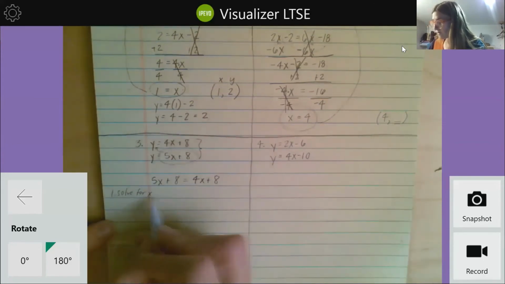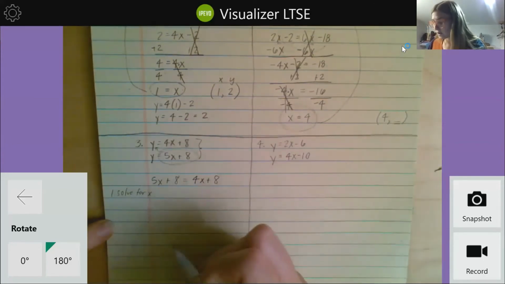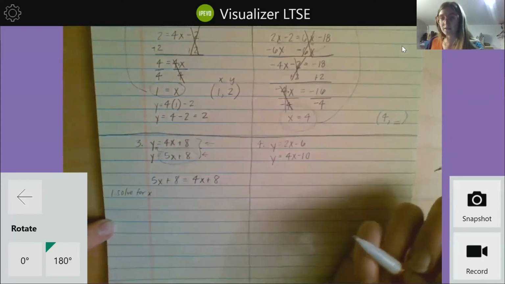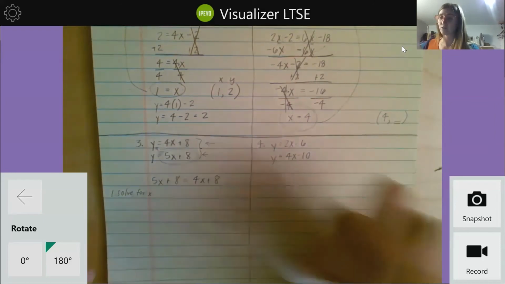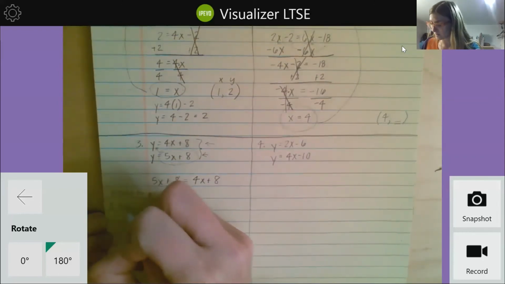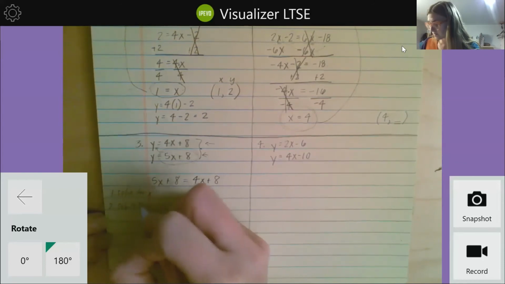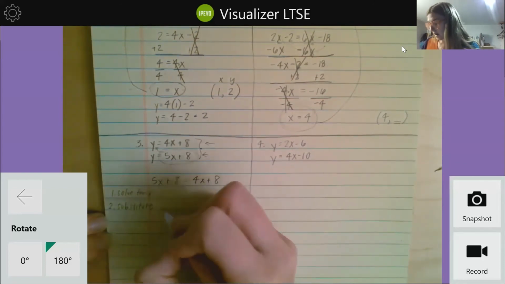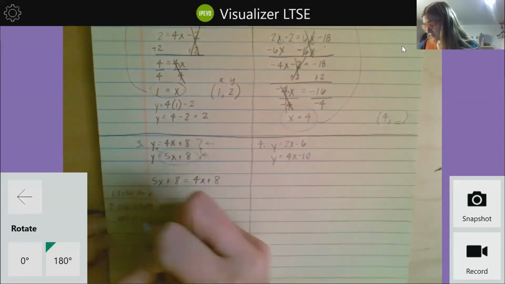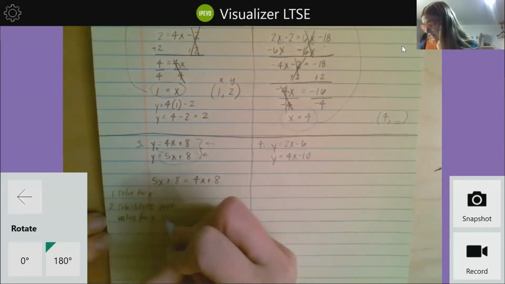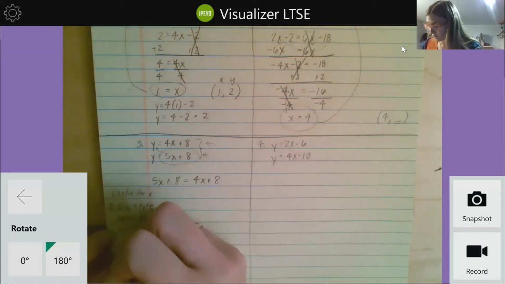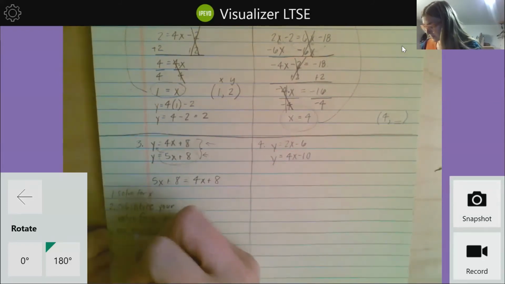And then when you find your value for x, you can plug it back in to one of those equations and find your value for y. So substitute your value for x in one of the original equations.